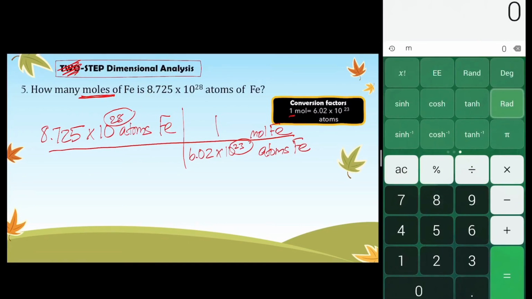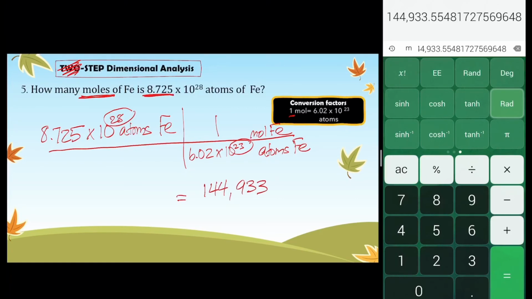Okay, so let's solve. 8.725 exponent 28 divided by 6.02 exponent 23. Okay, so our calculator answer comes out to 144,933. We actually only need 4 significant digits in our final answer, so we're going to change these to placeholder zeros.